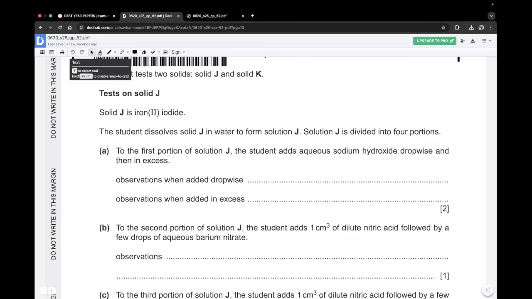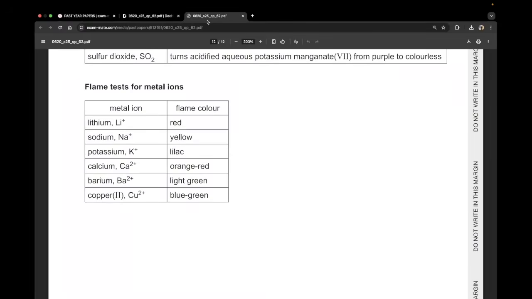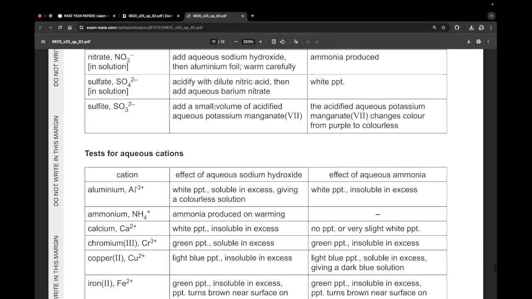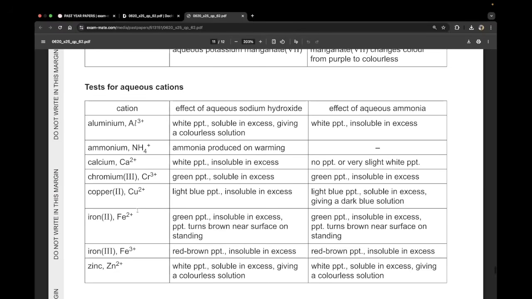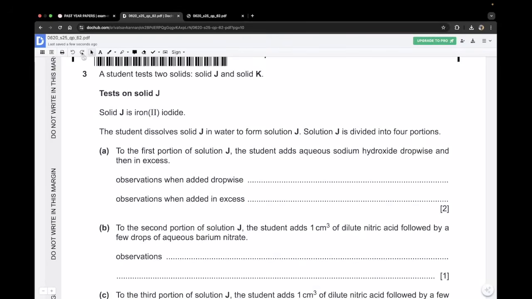The student dissolves the halogen in water. Yes, aqueous solution, just as we need. Aqueous sodium hydroxide, dropwise and in excess. So it's iron 2 plus. Just go here and take a look, right? You don't need to do anything else. Aqueous cations, iron 2 plus. Green precipitate, and it is insoluble in excess. But it turns brown near the surface on standing. We can just say green precipitate, right?